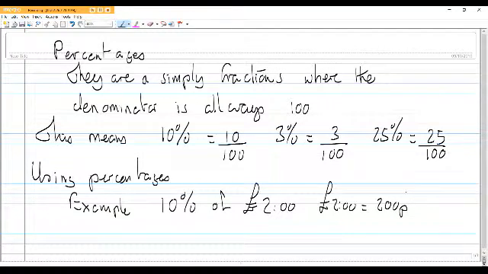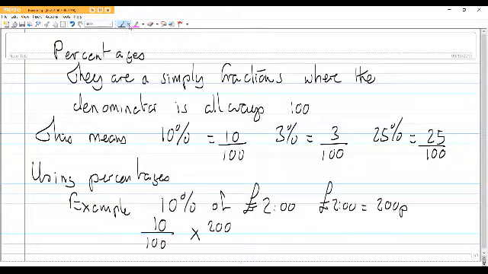You'll see why in a minute. The 10%, well, I'm going to write that as 10 over 100 because that's what it is. Now this word of, when you see it written in maths, you always replace this word of with a multiplication sign. So it's 10 over 100 times 200.